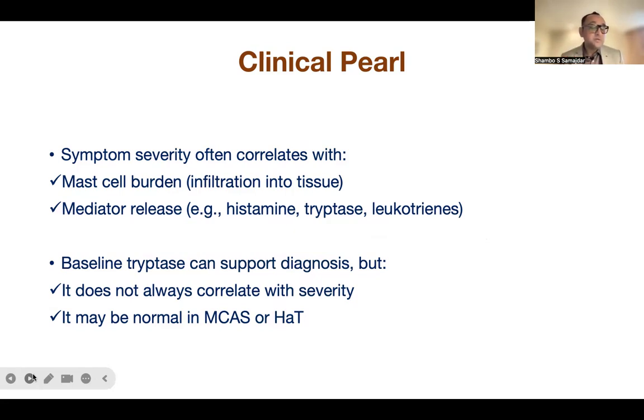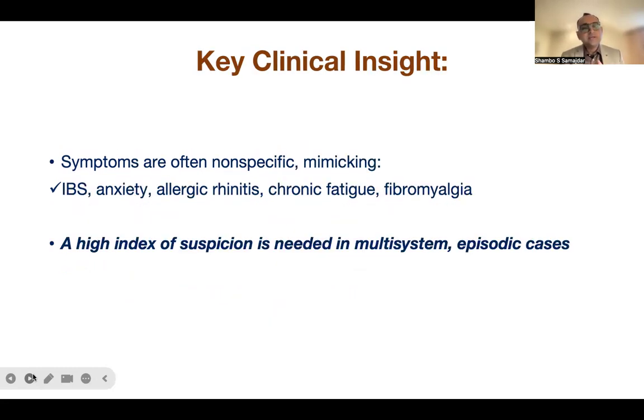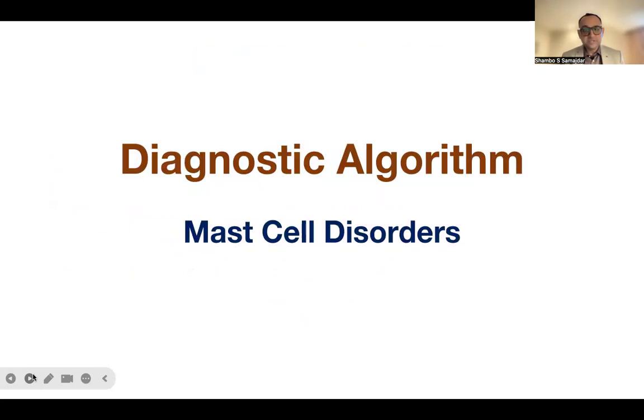Sometimes it may be absolutely normal when we are dealing with cases like mast cell activation syndrome or hereditary alpha tryptasemia. So the key clinical insight for us is that symptoms are often non-specific, mimicking, for example, IBS, anxiety, allergic rhinitis, chronic fatigue, fibromyalgia. So a high index of suspicion is needed when we are facing multi-system and episodic cases.